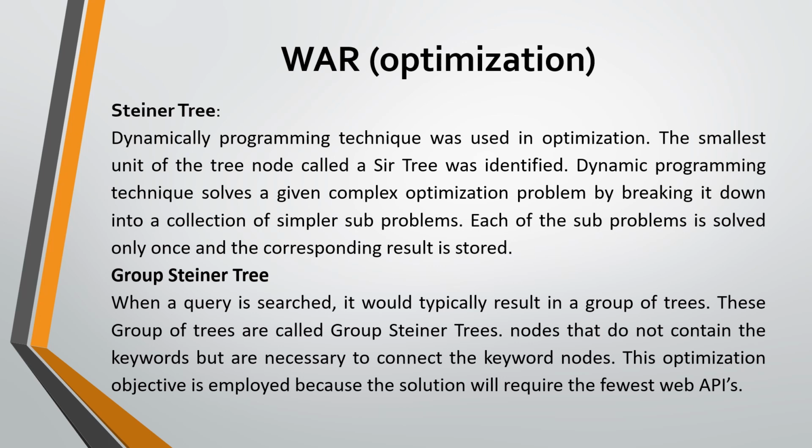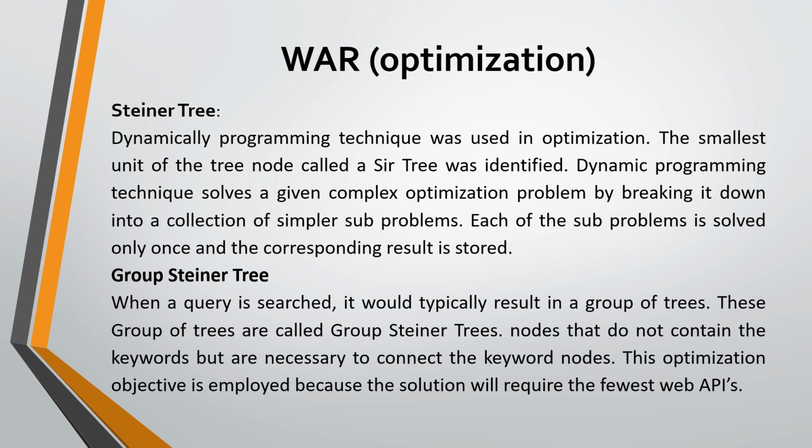In this one, a minimum group Steiner tree is used. When a query is searched, it would typically result in a group of trees. The group of trees are called group Steiner trees. WAR also finds the minimum group Steiner tree with the minimum number of nodes, including the keyword nodes, nodes containing the query keywords, and bridging nodes, nodes that do not contain the keywords but are necessary to connect the keyword nodes.